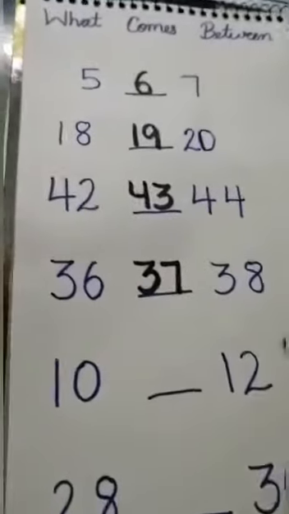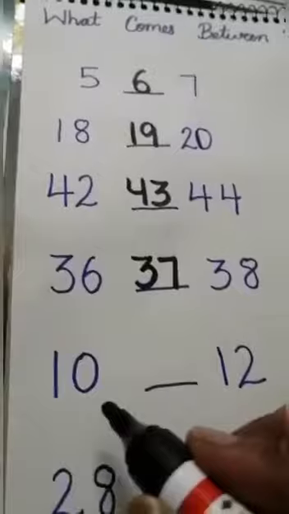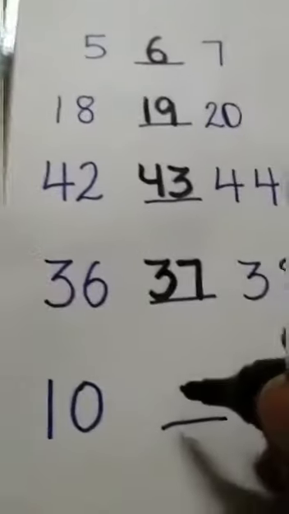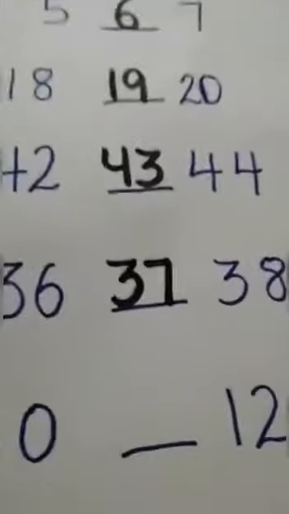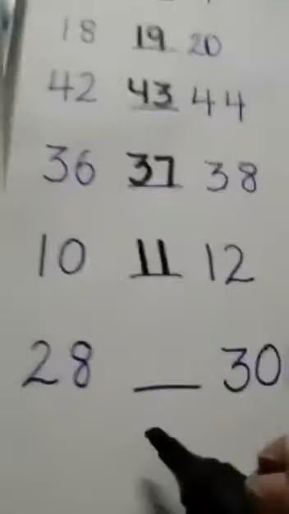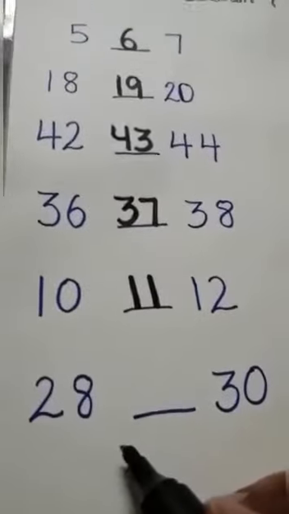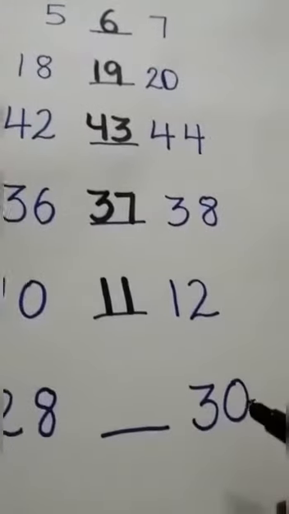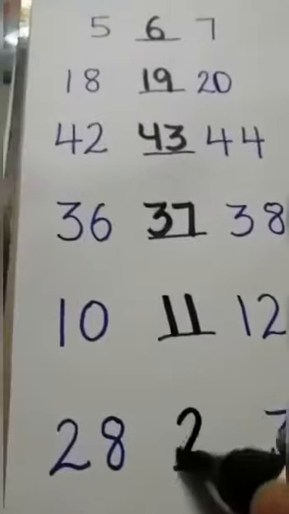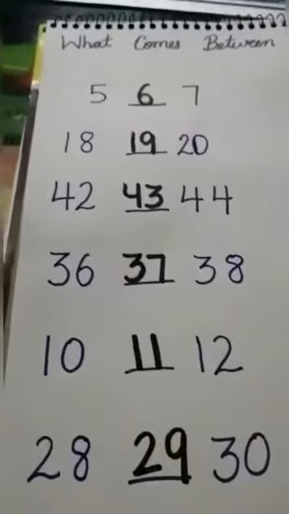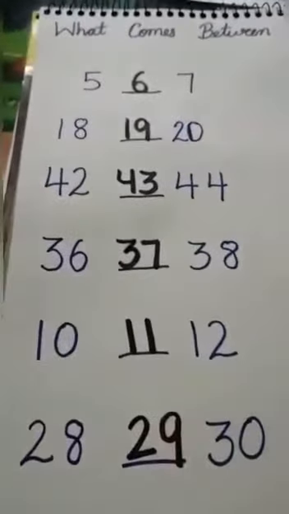Alright children. Now here is 10, blank, 12. Here it will come 11. Now here is 28, blank, 30. Now in this blank we will write 29. So in this way you can solve these sums of what comes between.